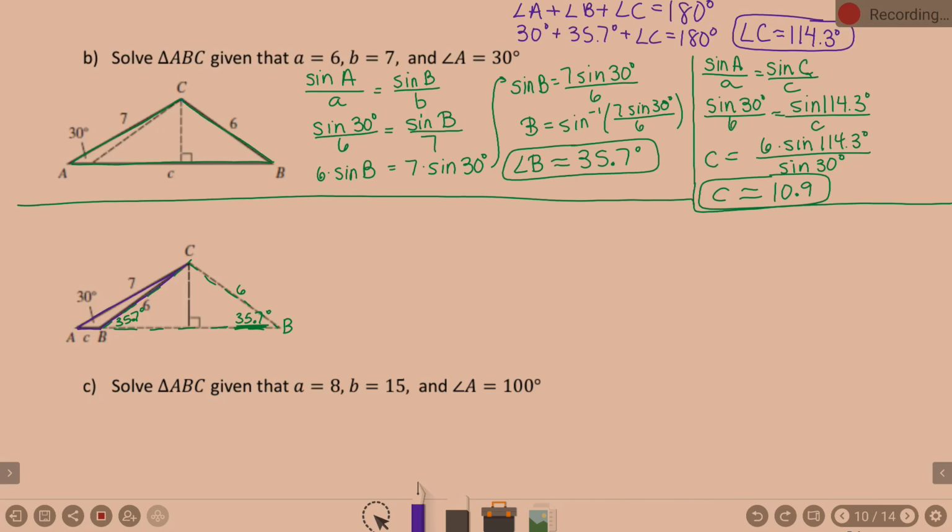Do you guys see the straight line? The straight angle, yes? So in order to find your new angle B, you're going to be subtracting from 180. So we're going to be doing 180 minus our previous angle B. And what is 180 minus 35.7?